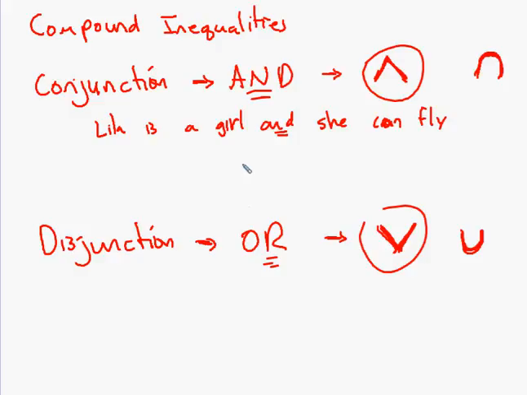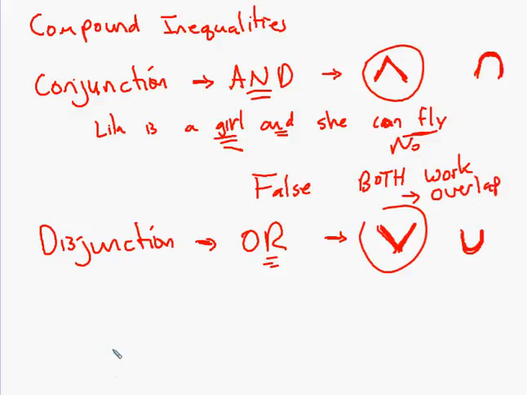Well, you would say false. Let's not overthink it. It's false. Yes, she's a girl, but no, she cannot fly. Okay? She does not have that ability. So this is a false statement. So a conjunction, both things need to work. Both things need to work. So hence we are going to look for overlap in our answer, and we'll do an example of that in a moment.